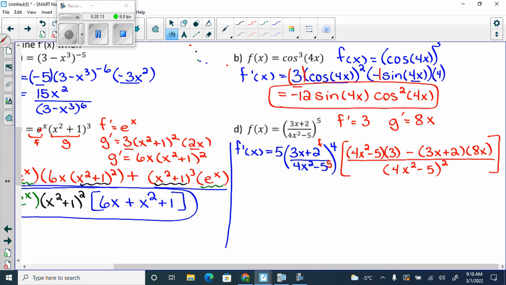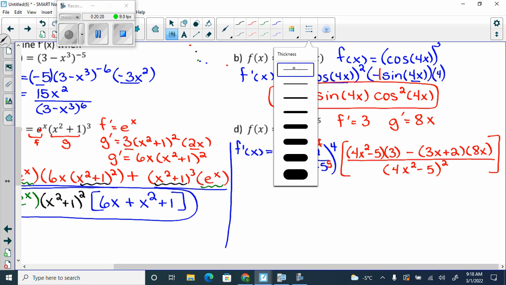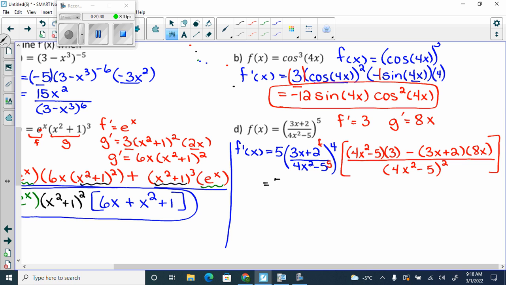What did we do next in quotient rule? Yeah, we distribute that top and collect like terms, right? We did that in quotient rule the whole time. So I'm going to get 5, rewrite this, (3x plus 2) over (4x squared minus 5), all to the 4.